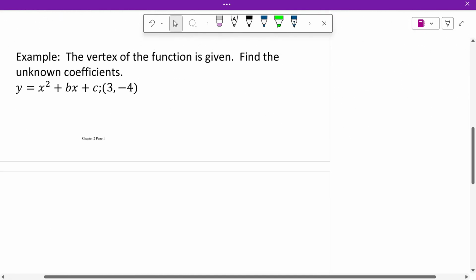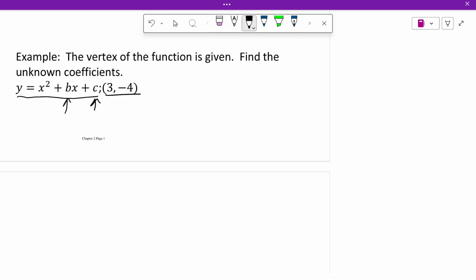Okay. Now, let's use our brains again. A little brain teaser here. Here's our function. I want to know what B and C are if the vertex is this. If the vertex is that, what's B and C going to be?